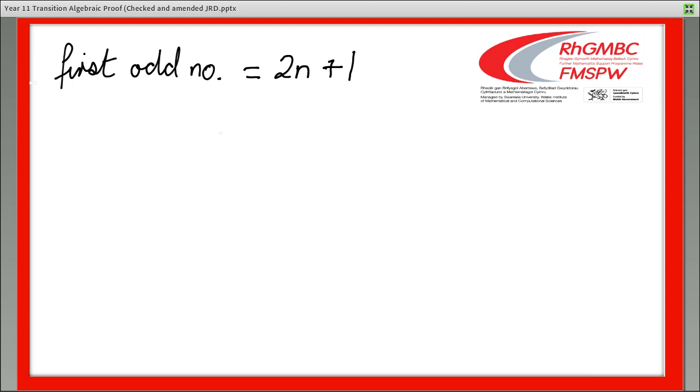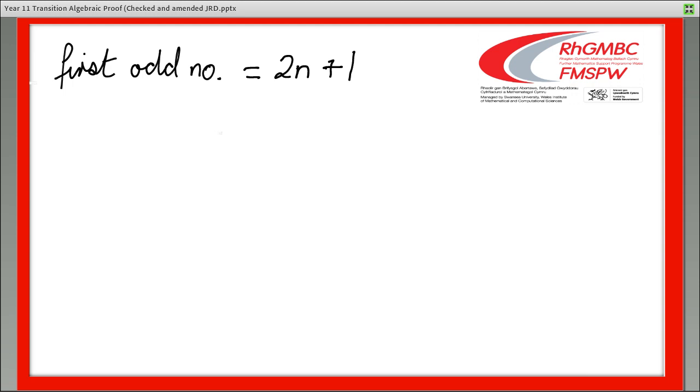So if you say to a class full of students, think of a number, double it and add 1, and then say, right, hands up those who have got an odd number. Every single hand in the class goes up. So that's a guaranteed odd number. So we do a similar thing for the second odd number.